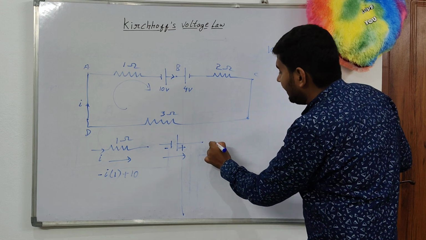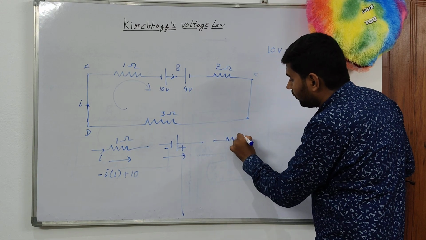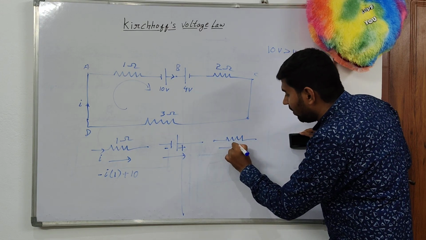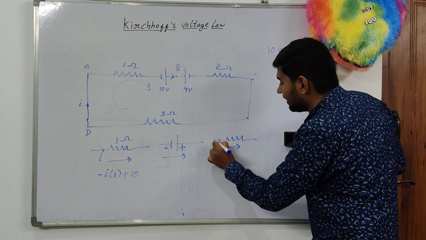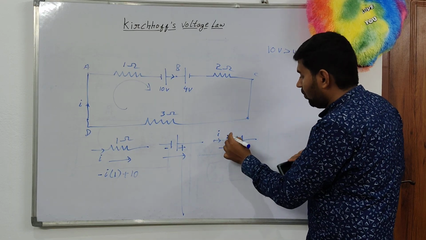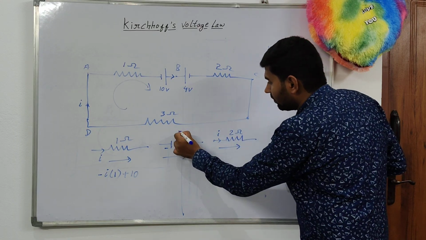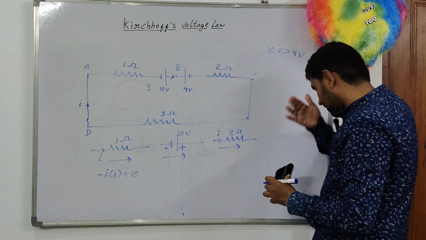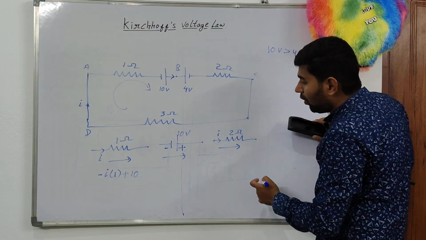And for the next resistor, this is our traversing direction and this is the current direction I. What is the resistance here? 2 ohms.